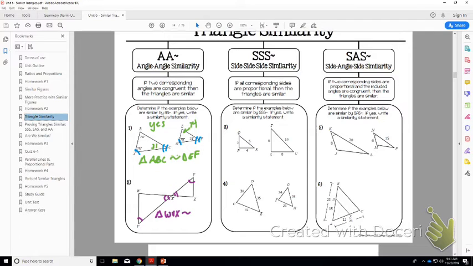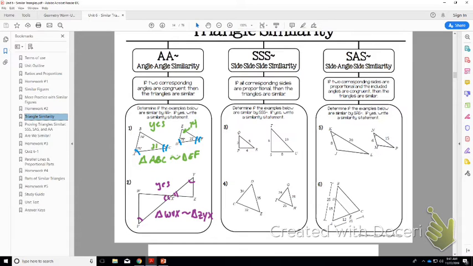So triangle WVX is similar to triangle ZYX. Questions on that one? It also goes back to the idea that if you know two angles of the triangle, you can always find the third.